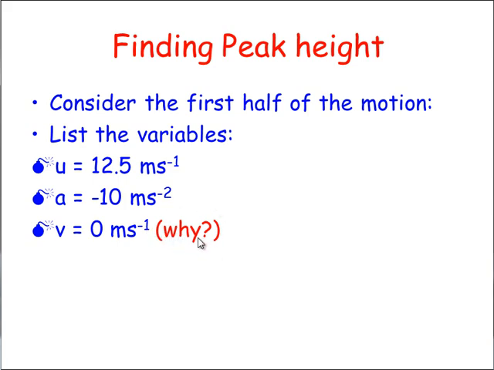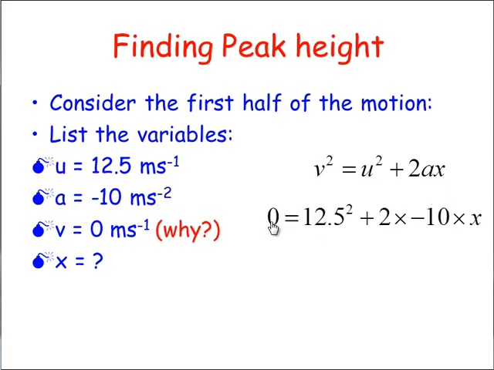How do we know that? Basically, when it gets to the peak height, it's no longer travelling up. It's stopped. It's turning around. It's coming back down. So v equals 0 meters per second. And x, well, that's our question mark. If we look at all our variables, we've got v, u, a, and x, then the equation we want to use is v squared equals u squared plus 2ax.